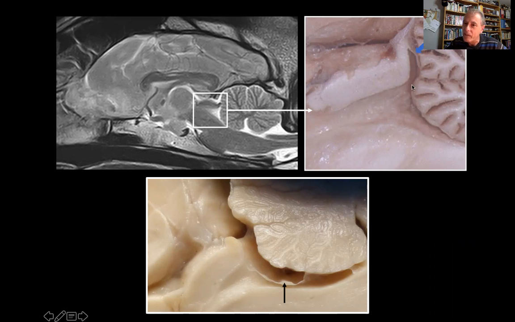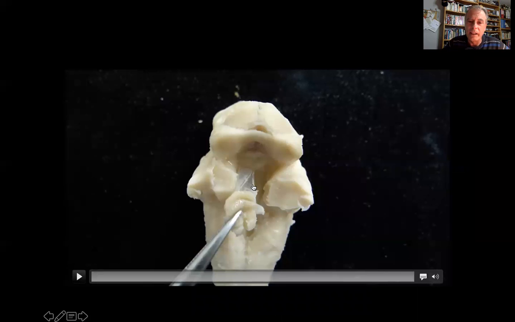There is a thin lamina. This one here, there is a thin lamina, right? It is the roof of the fourth ventricle, right? It is also named the rostral medullary velum.